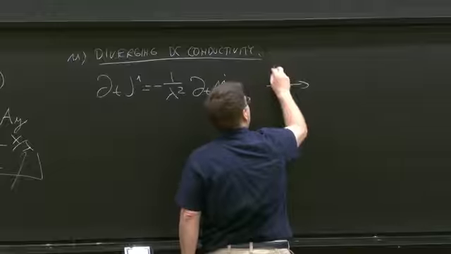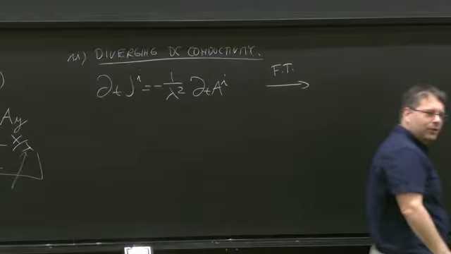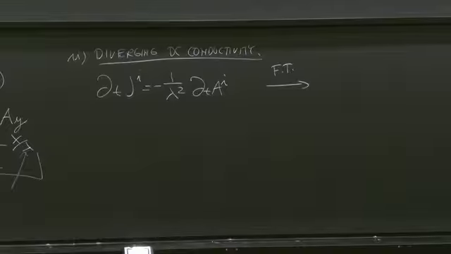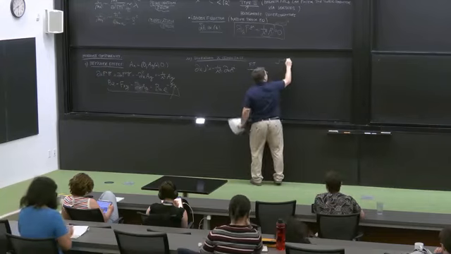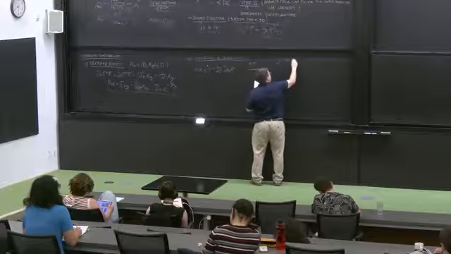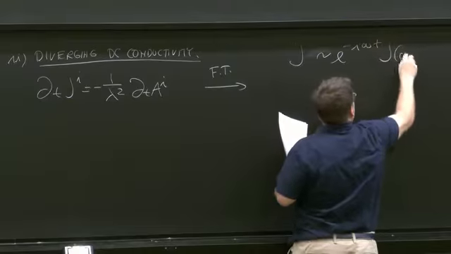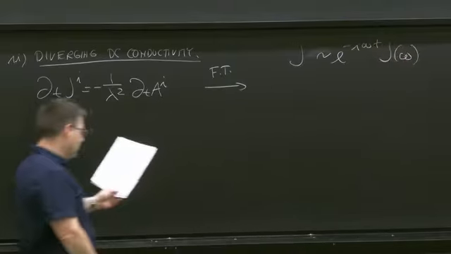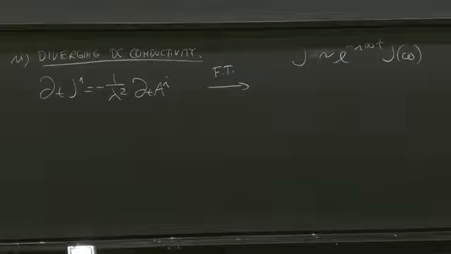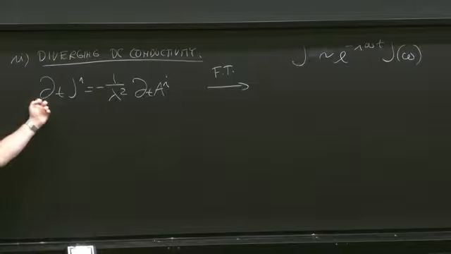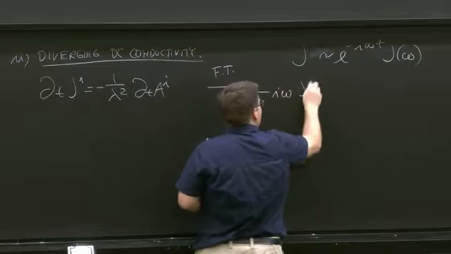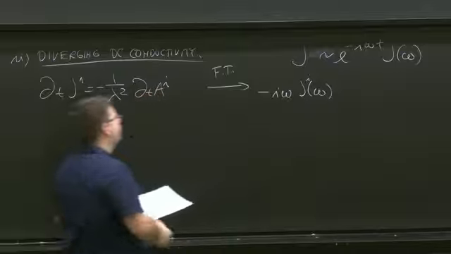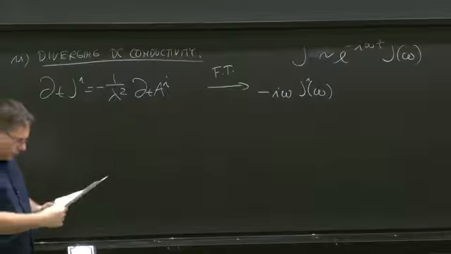So you do the Fourier transformation, and the time derivative will just become, now I consider A as a function of omega, something like that. That's your Fourier transform, and similarly for J and for A. If I differentiate this, I pick up minus i omega J(omega), and then I have minus 1 over lambda squared.